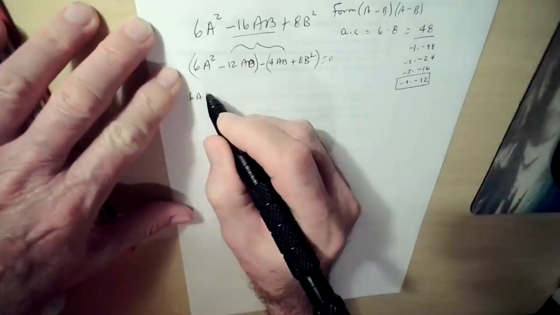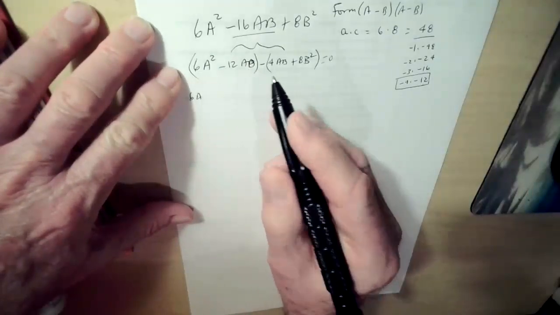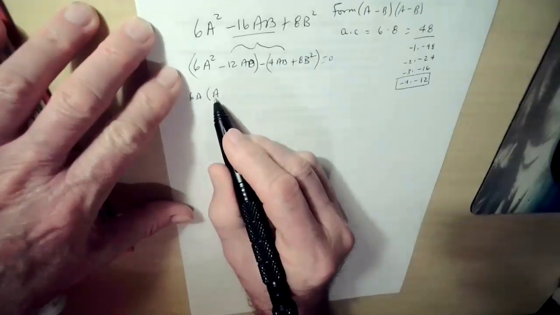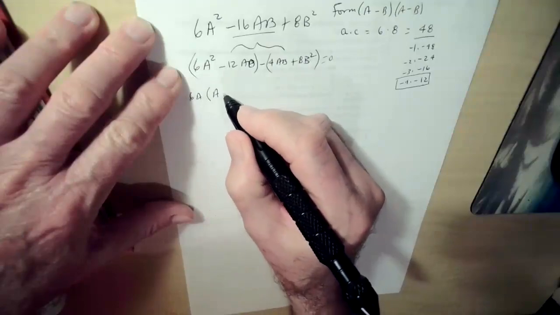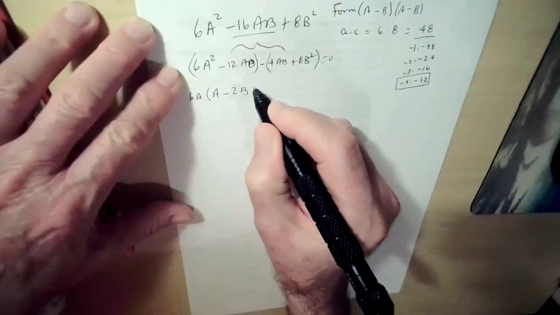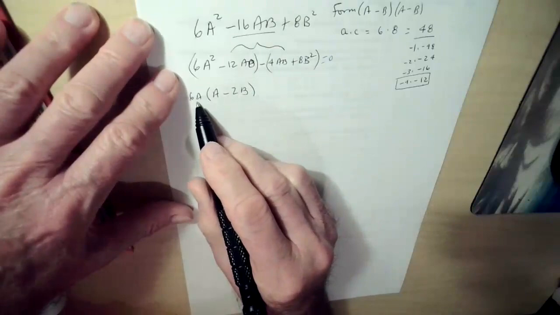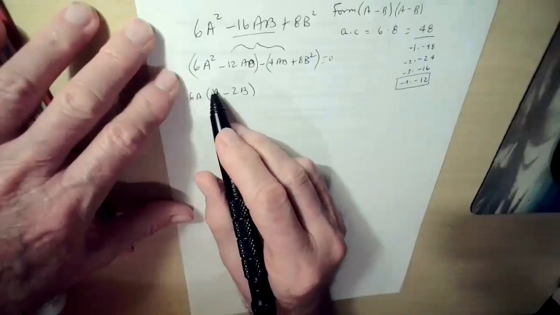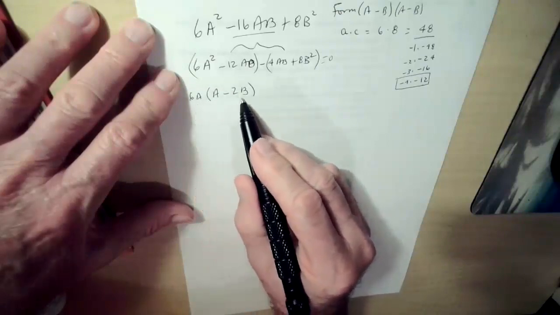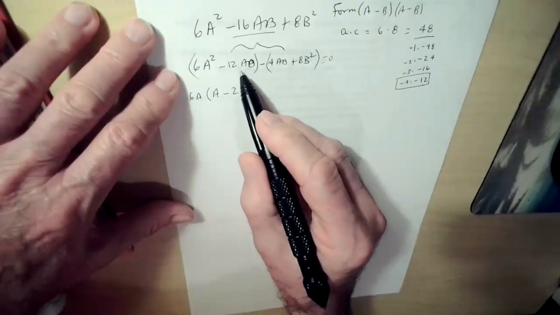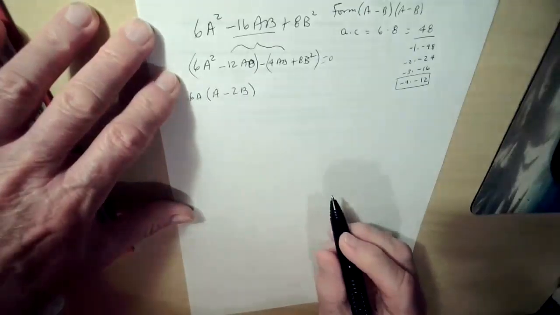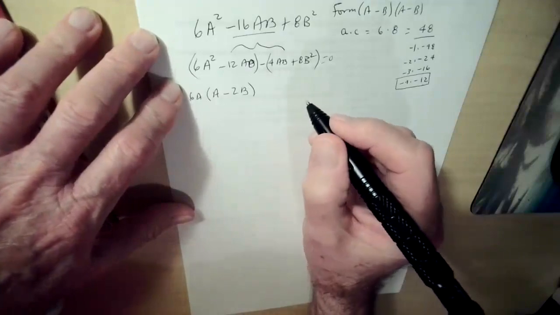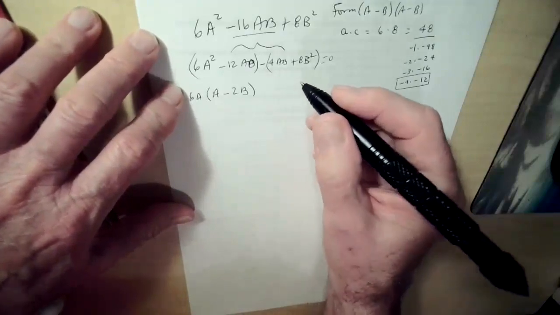What can we factor out of both of these terms? 6a, right? There's 6a here and there's a 6a here. 6a times a is 6a squared, minus 2b. 6a times negative 2b is negative 12ab, which is correct.